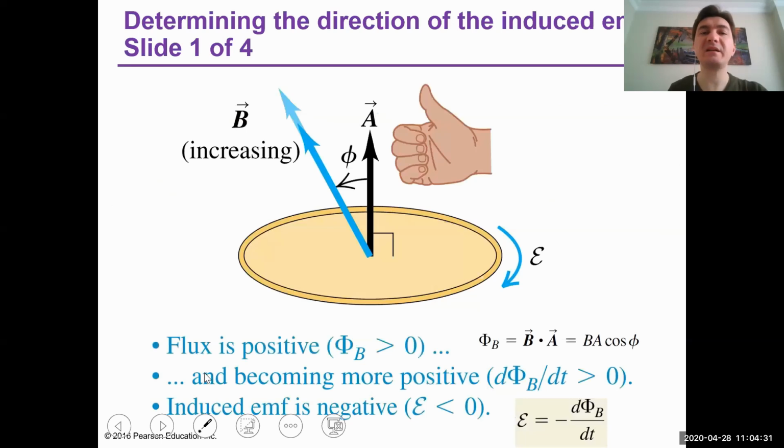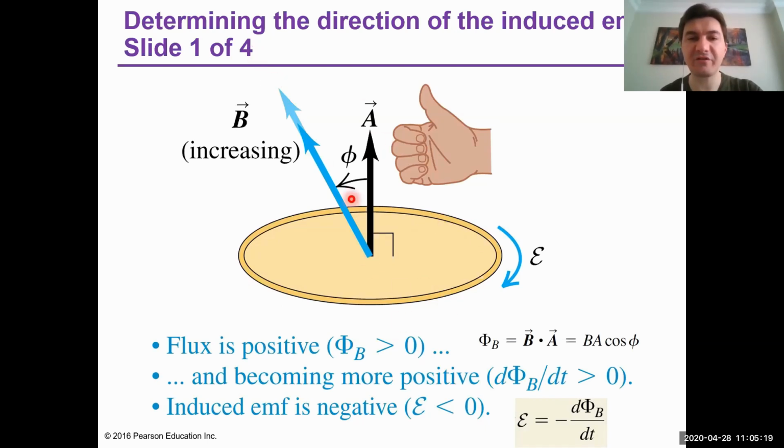Okay, then let's continue with determining the direction of the induced EMF. So what is the direction of the EMF, in that direction or in the opposite direction? Here we have 4 conditions. I will show you all 4 of them. Here we have a loop. This is the area vector.